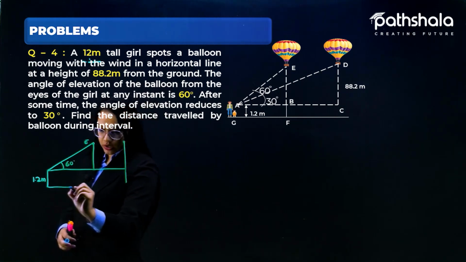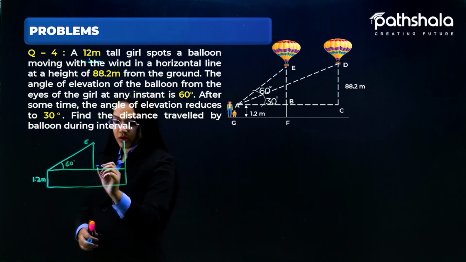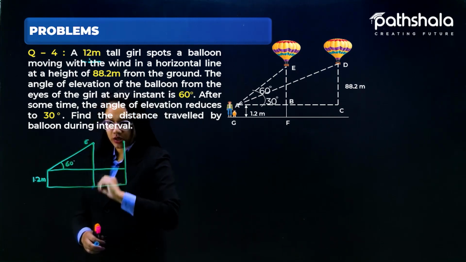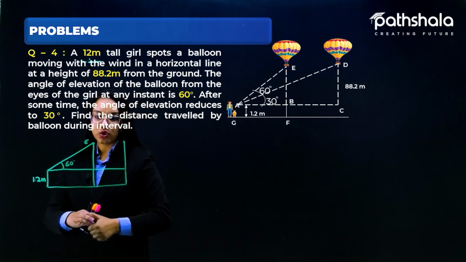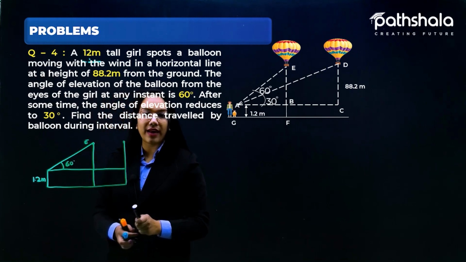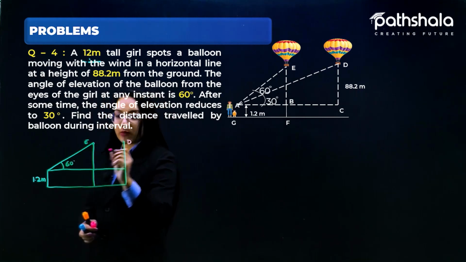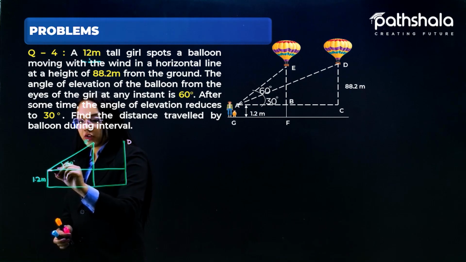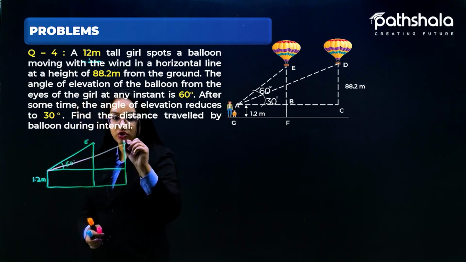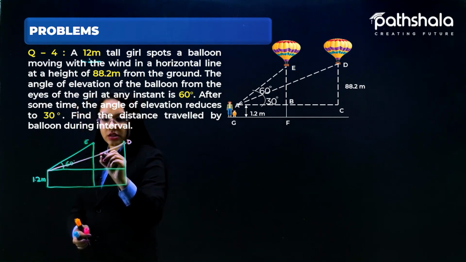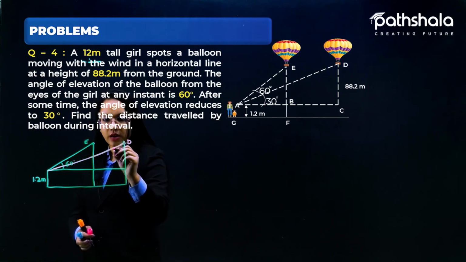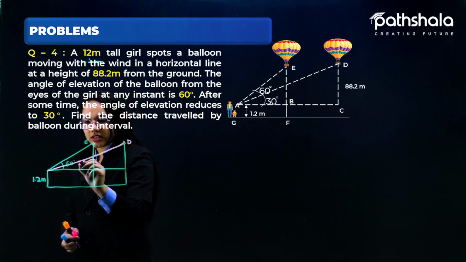Let us call it D, where the angle of elevation is reduced to 30 degrees. This is the line of sight, and this angle over here is 30 degrees.